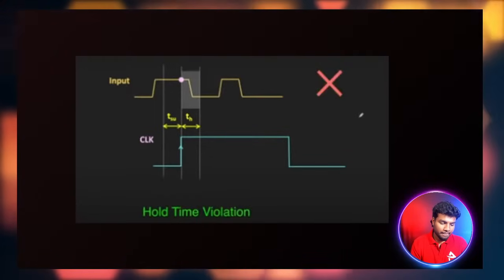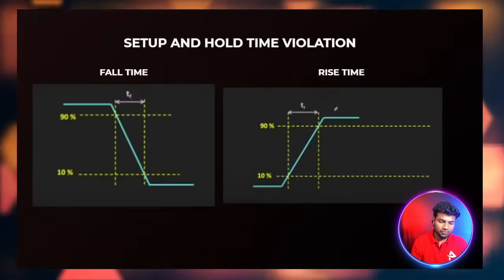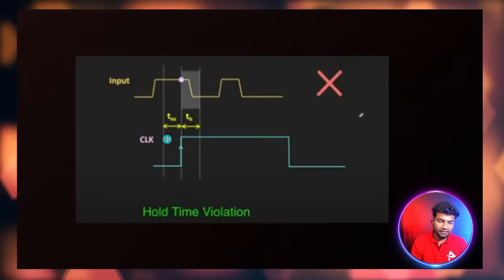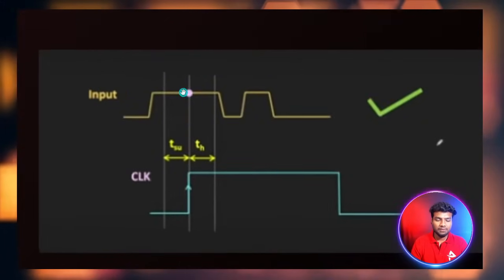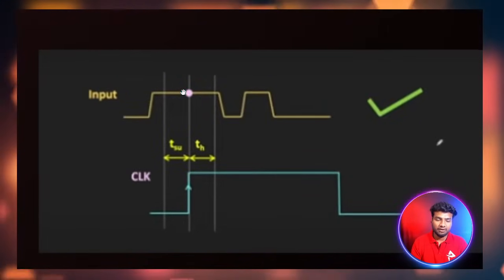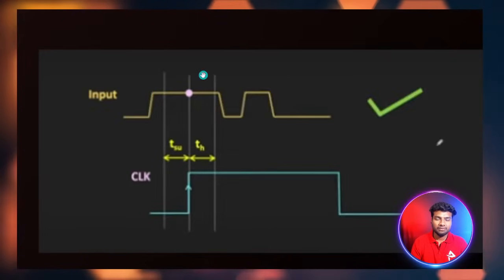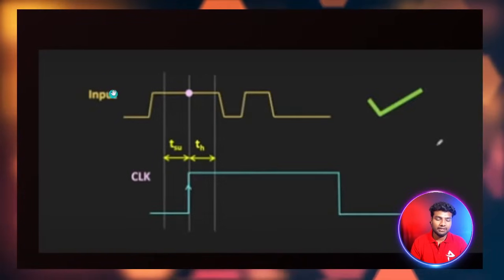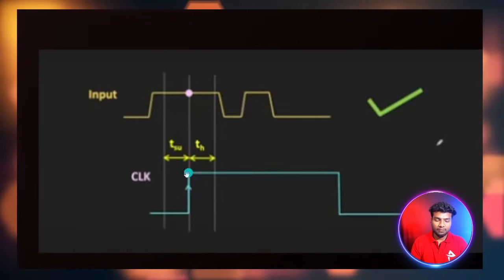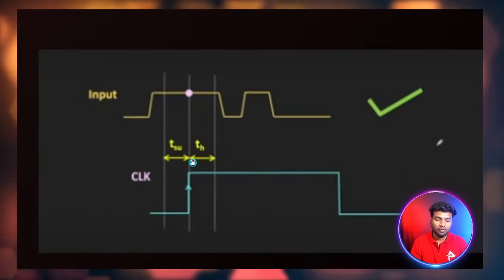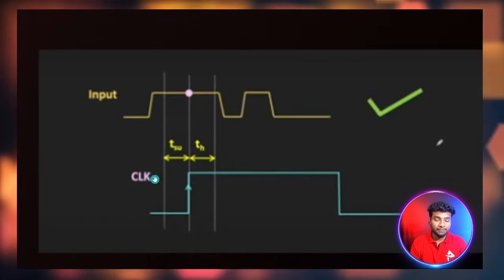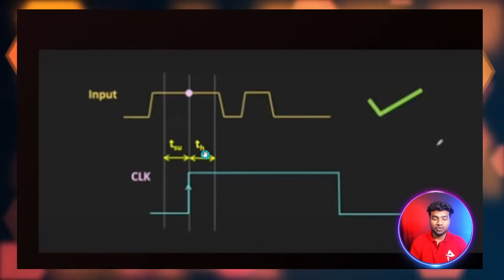Okay, let me repeat again. This is the main thing: the signal must be stable. For example, if you take a D flip-flop, the input is given to the D flip-flop, assume there is a D signal. On the clock edge, before the edge and after the edge are known as setup time and hold time. So this is the setup time, and this is the hold time.